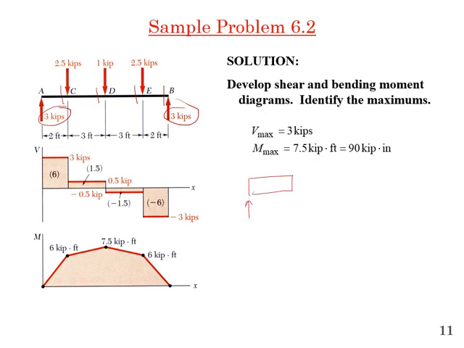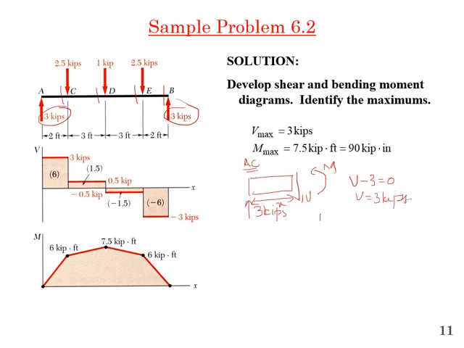I have a 3 kilo-pound force acting over here. Shear force V acting I will take positive, and bending moment M counterclockwise I will take positive, and this distance is x. Again, this is for section AC. So simply V minus 3 is equal to 0, so V will be 3 kilo-pounds.